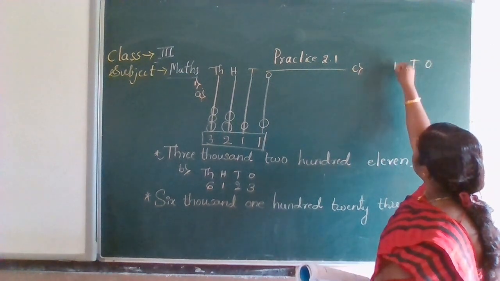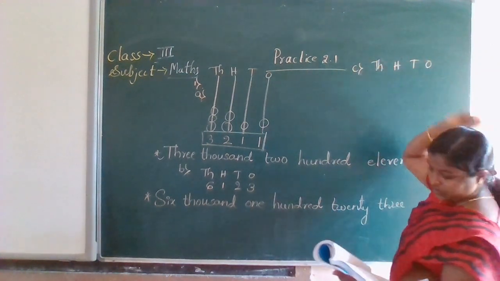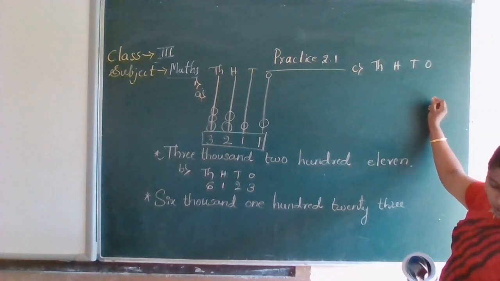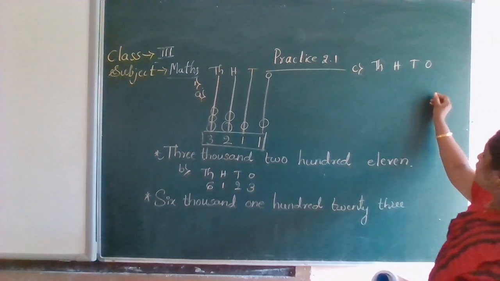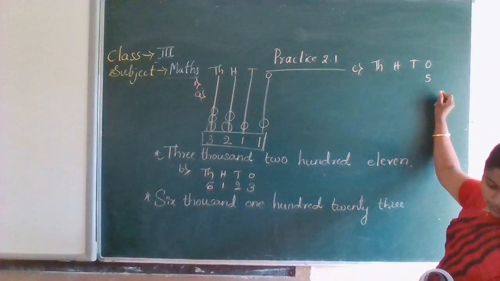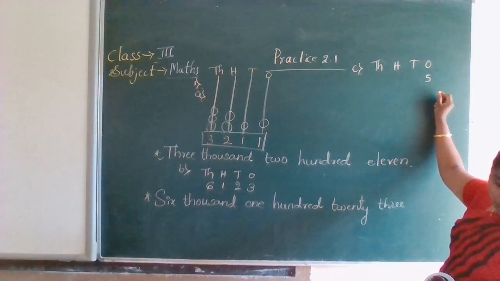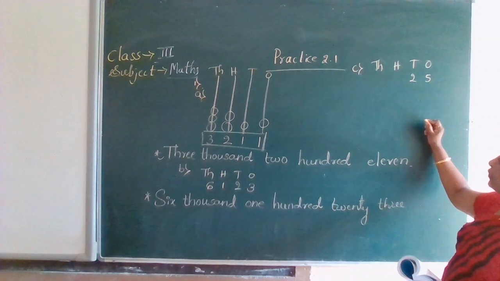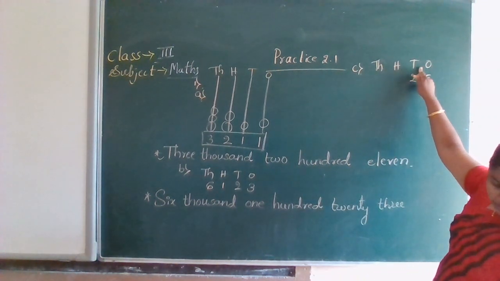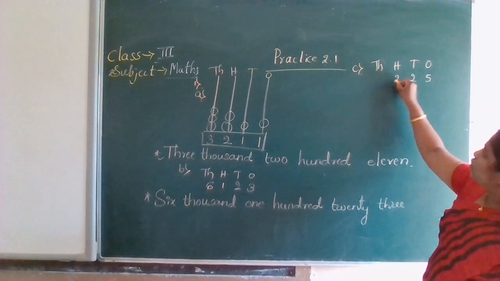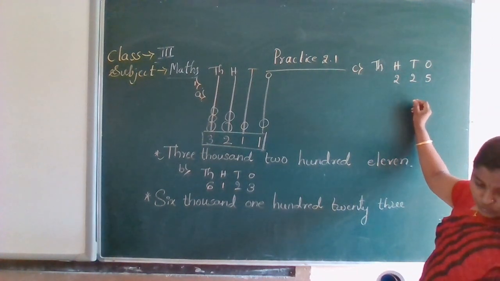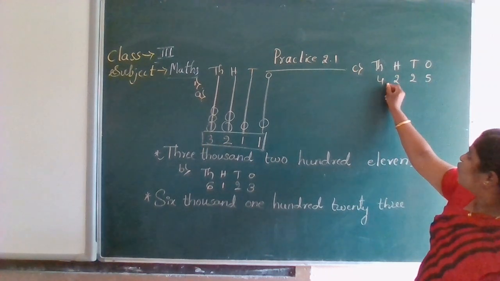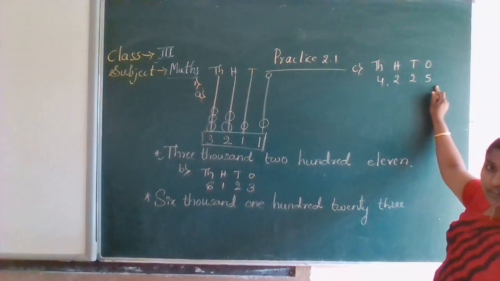Ones, tens, hundreds and thousands. Okay, in one spike, 1, 2, 3, 4, 5. There are 5 beads. In tens, there are 2 units. So 2 tens. Then 2 hundreds. 1, 2, 3, 4 thousands. So the numeral is 4,225.